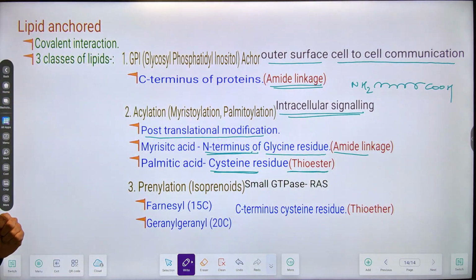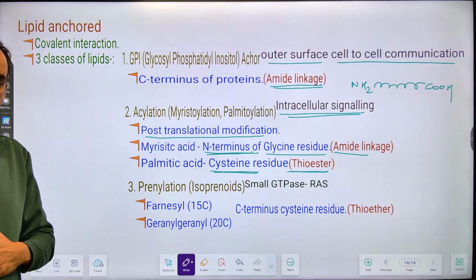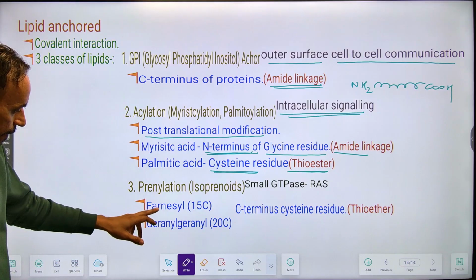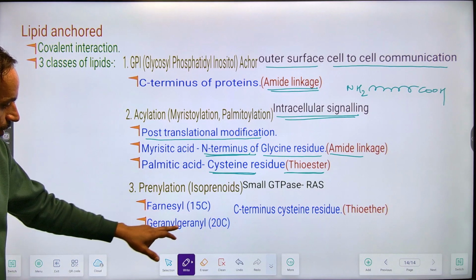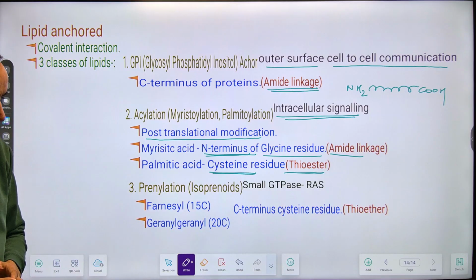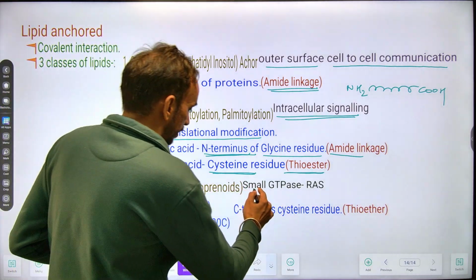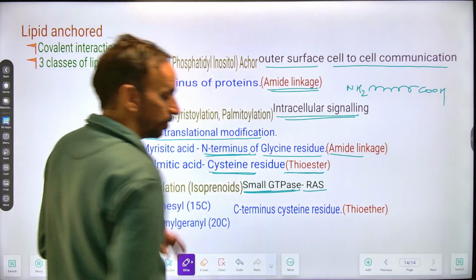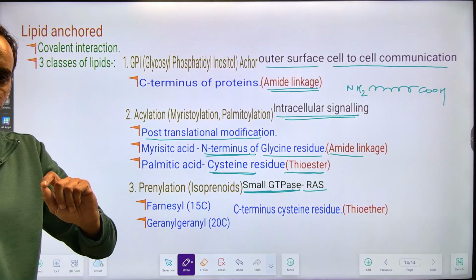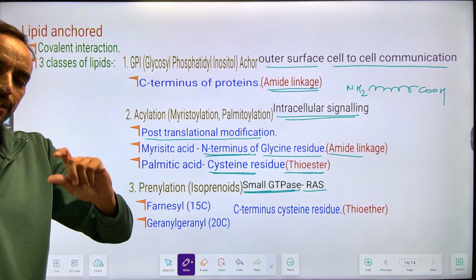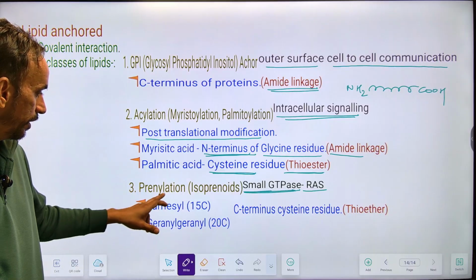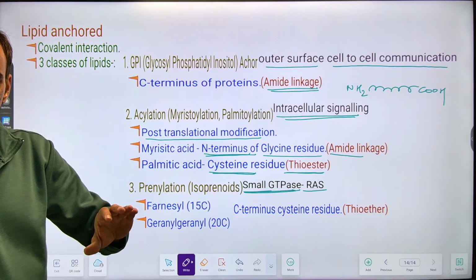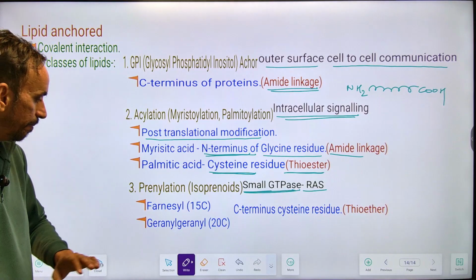Now next process is the prenylation. In prenylation, generally there is an addition of some isoprene derivative like farnesyl, 15 carbon, and geranyl, that is of the 20 carbon. They play an important role in the small GTPase protein like RAS. जो RAS protein है, small GTPase G protein है, ये through this prenylation इसका attachment रहता है towards the inner face of the plasma membrane.